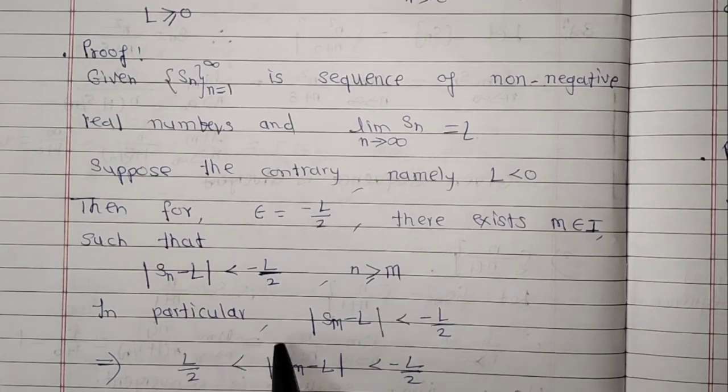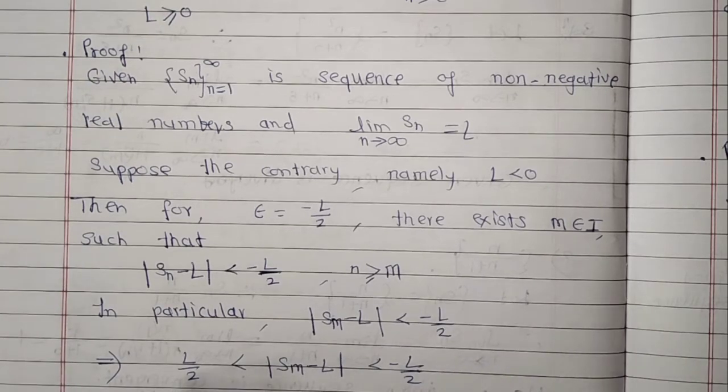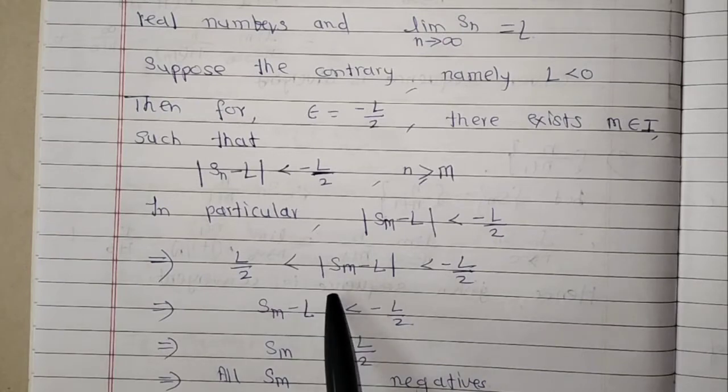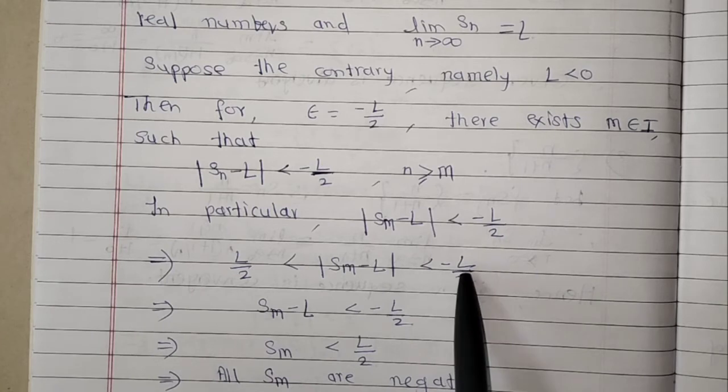In particular, modulus of Sn minus L is less than minus L by 2. This implies L by 2 is less than Sm minus L, which is less than minus L by 2.